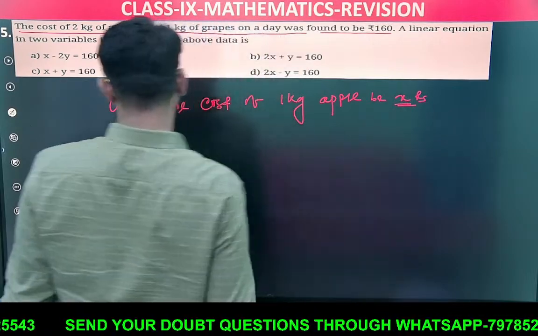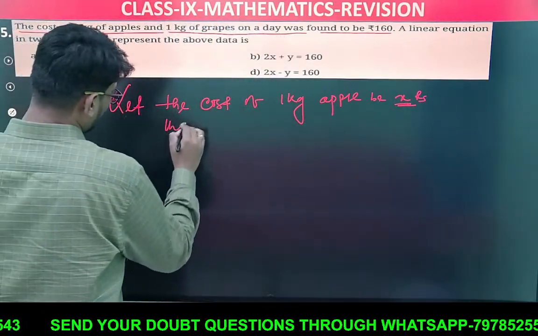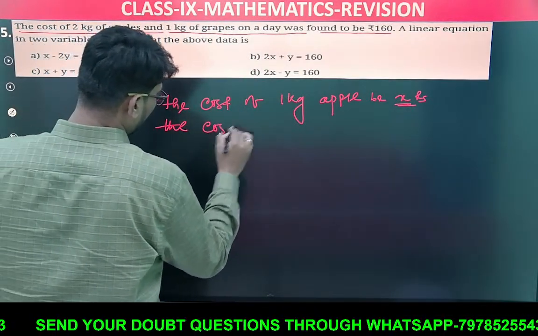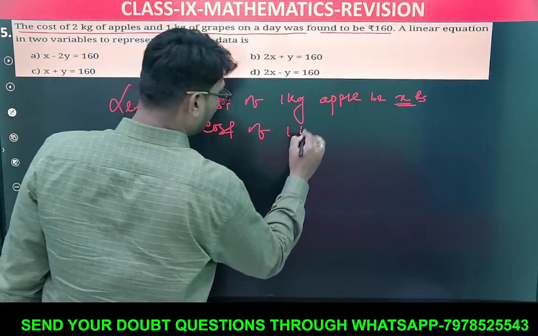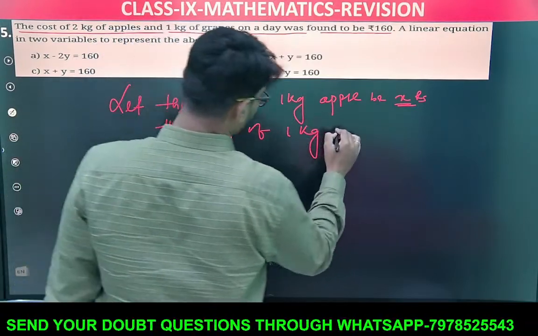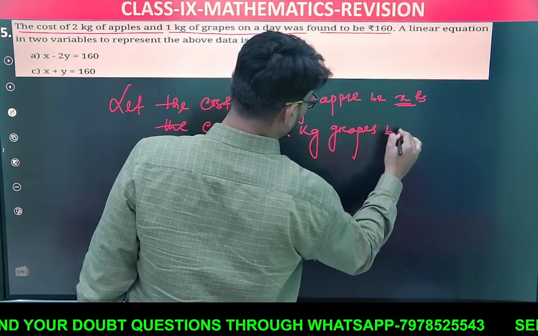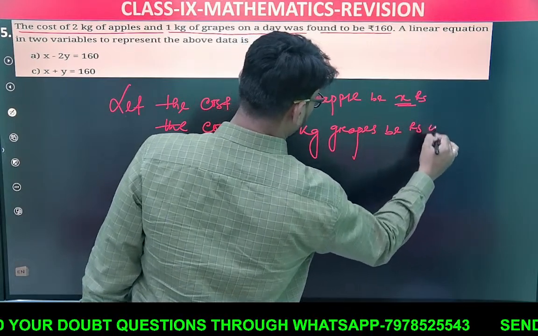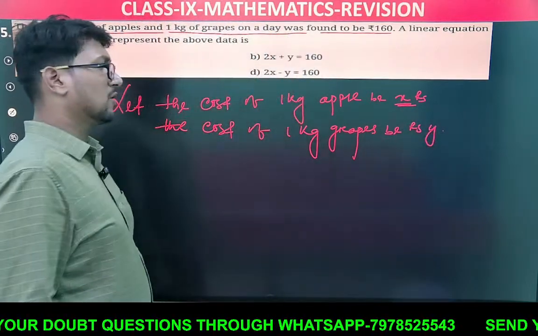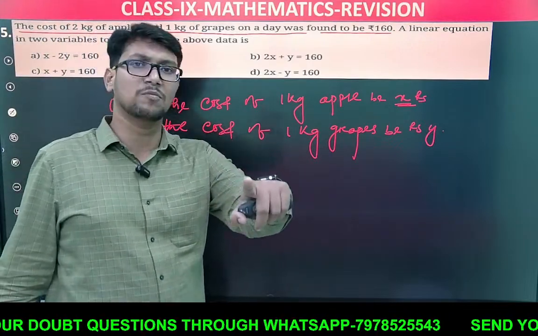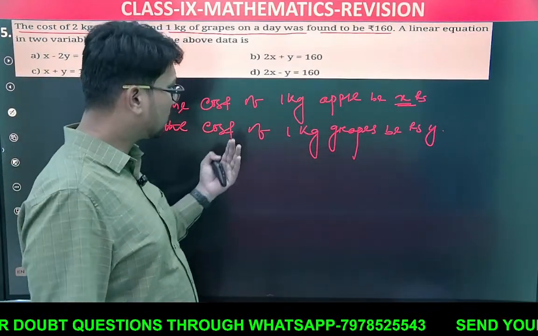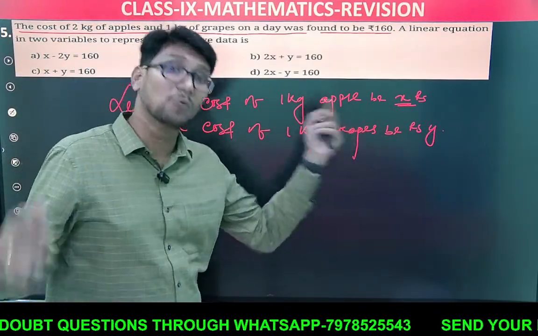And the cost of 1 kg grapes be y rupees. So the cost of 1 kg apple is x rupees, and the cost of 1 kg grapes is y rupees.